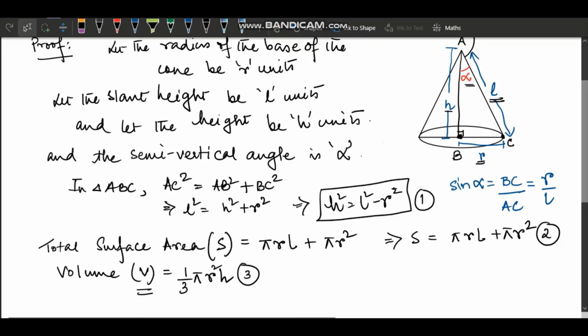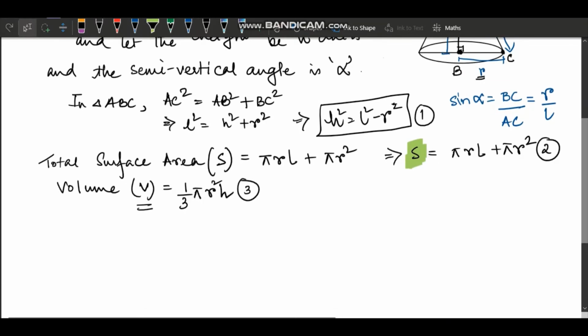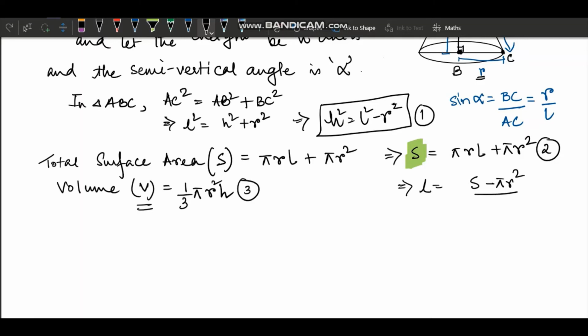So from 2, since S is given, it is given that the total surface area is fixed. Since S is given, and I told you that I would like to represent both H and L in terms of R, what can we do? We can make L the subject of the formula. So from 2 we can write L equals S minus pi r square by pi r.